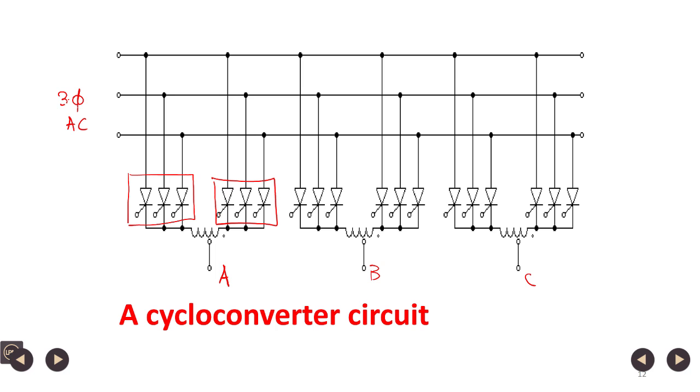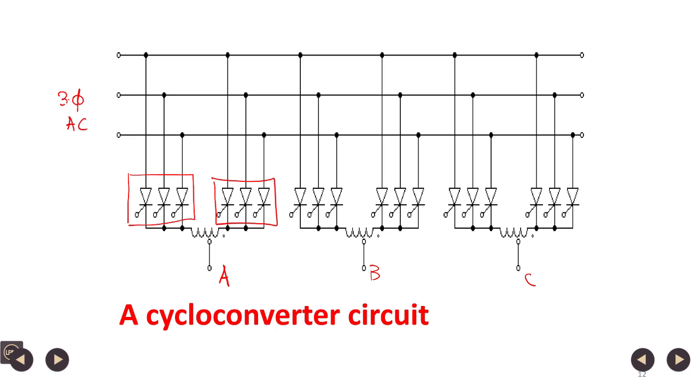Here the positive group and negative group converters P and N are 3-phase half wave converters. Each 3-phase half wave converter has 3 switches, one for the positive half cycle and one for the negative half cycle, so that each phase requires 6 switches and 3 phases require 18 switches.